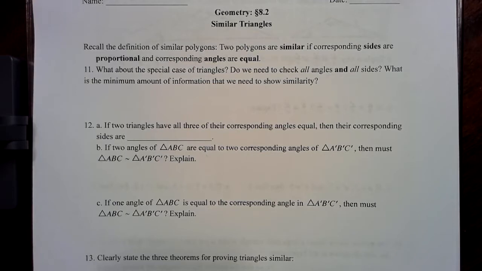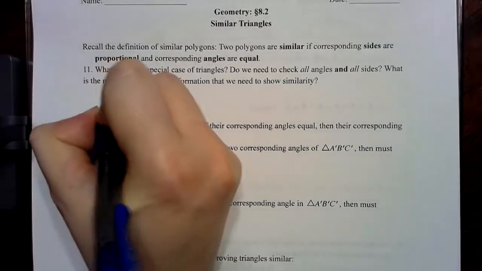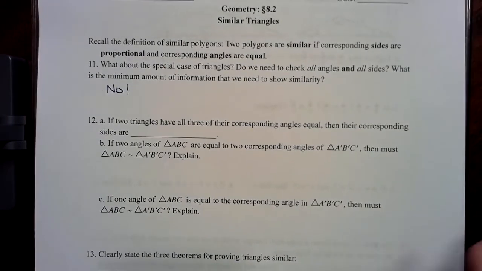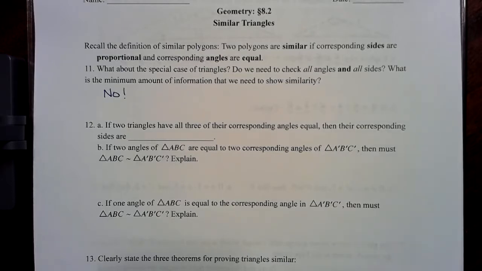Well, the answer is no, because we didn't need to check that much, even for seeing if two triangles were congruent. Remember that to show two triangles are congruent, we only need three pieces of information. It could be side, side, side, side, angle, angle, angle, side. But in either case, we only needed three pieces of information.